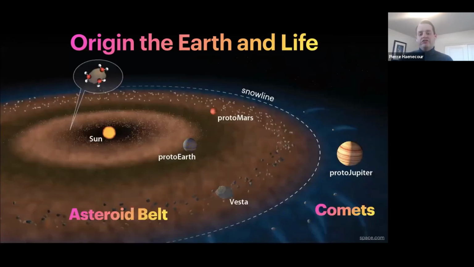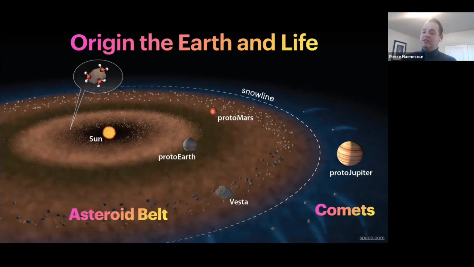And here I show you the general structure of how we think the asteroids and comets were structured in the really early solar system. While the planets were forming, there was this region in the inner solar system where the asteroids were, which is the asteroid belt between Mars and Jupiter. And then there is this outer region where all the comets are. One of the big distinctions between those two regions is what we call the snow line, which is the distance from the sun where solid ice can actually condense.